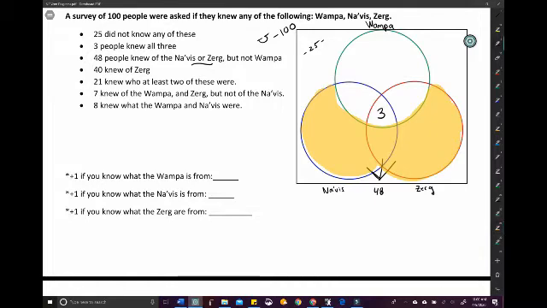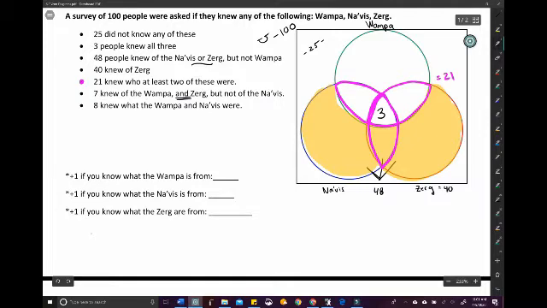40 knew of Zerg, so all of Zerg must be 40. 21 knew at least 2 of these were. So what that means is everything that's overlapping, all that must be equal to 21 in the end. 7 knew of the Wampa and the Zerg, but not the Navis.